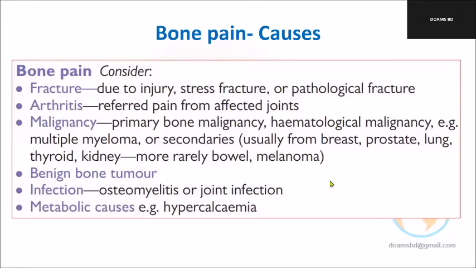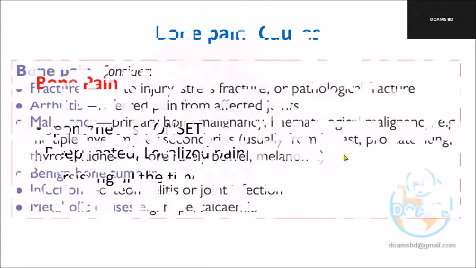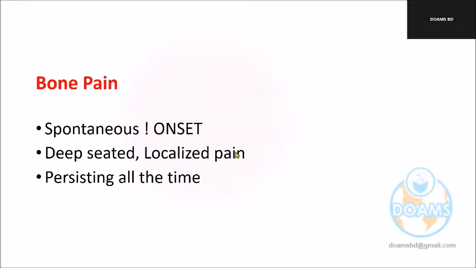It is not only bone tumor or bone infection; even metabolic disease like hypercalcemia can cause bone pain. And we need to be able to differentiate all the underlying diseases if a patient presents with bone pain. But now the question is how we will understand the bone pain.